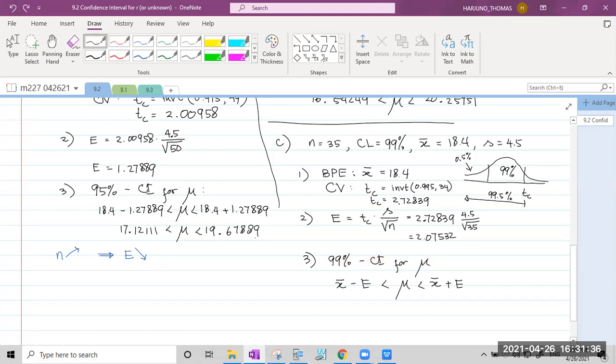Okay, now that is the best point estimate minus margin of error less than mu less than best point estimate plus margin of error.